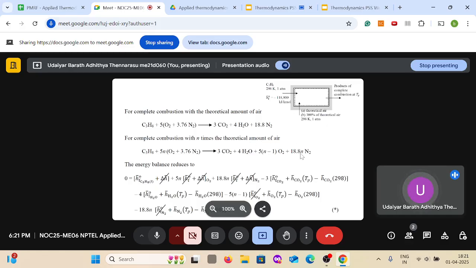So we know the product components, and the reactants are propane, and oxygen and nitrogen coming in at 25 degrees Celsius, so their enthalpy will be 0.